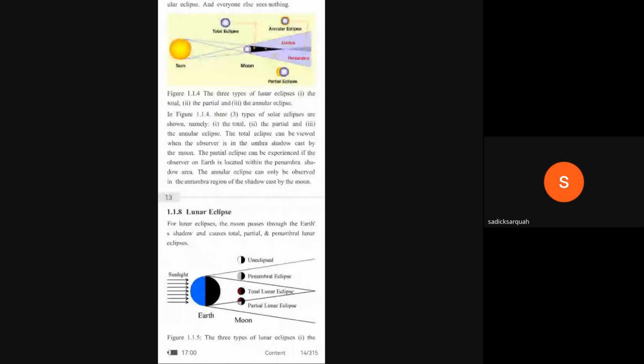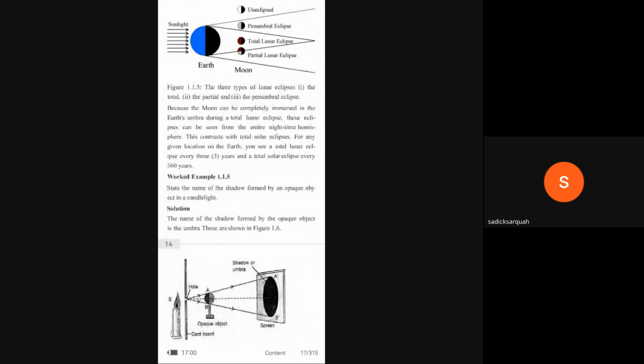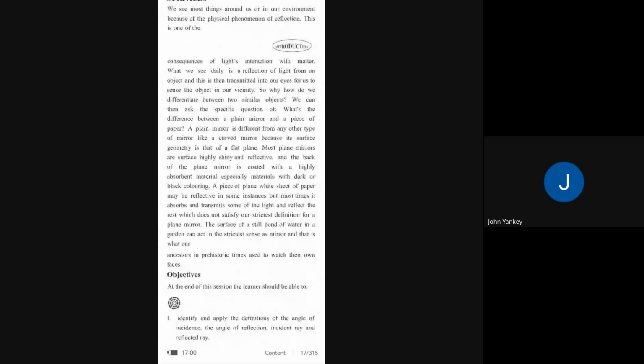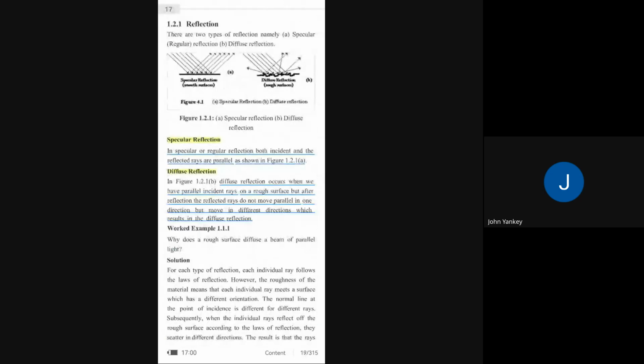I said a beam can be made parallel, can be made divergent or convergent. When you pass a beam of light through a lens, especially when you place the source of the light at the focus, then the light will emerge as a parallel beam.